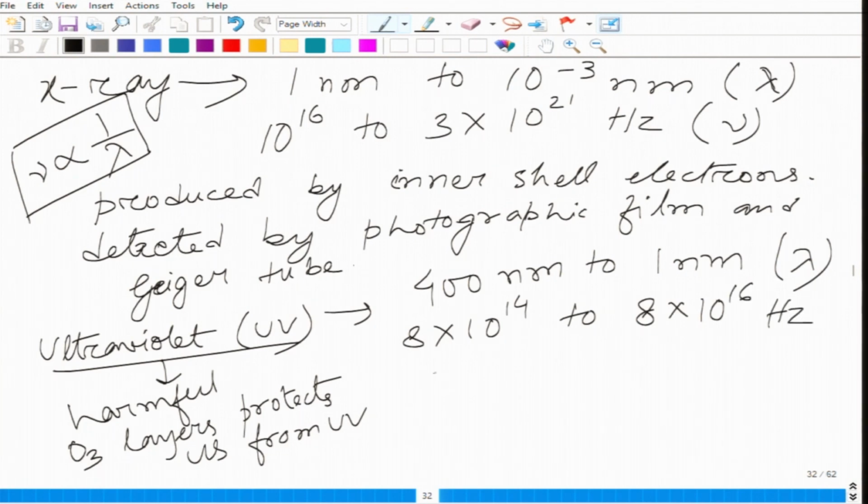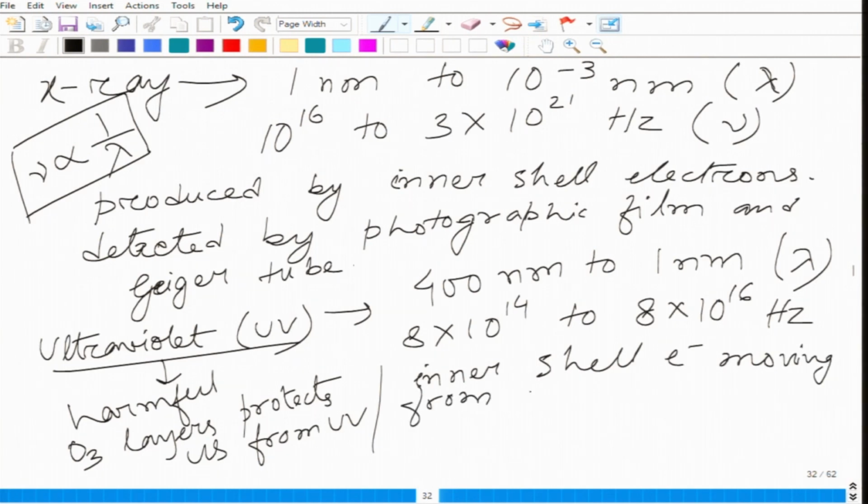UV is produced by inner shell electrons moving from one energy level to another.